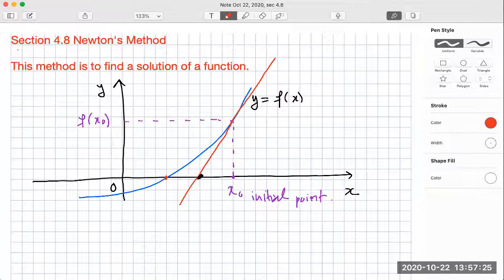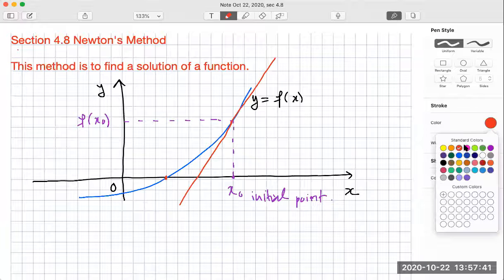Now, wherever it cuts the x-intercept, okay, there's a tangent line. We can find it, right? If we can find the tangent line, can we find the x-intercept of that tangent line? Yes, just solve that one.